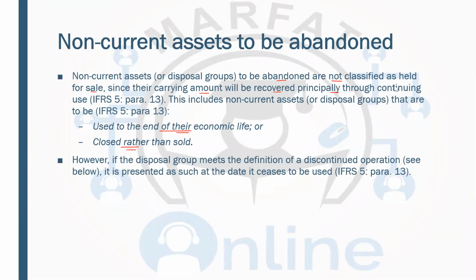So the non-current assets which we are not going to sell, and we'll continue using till their economic life, unless and until they are finished, and we'll not be selling it. We'll be just closing the use of that asset rather than selling it.